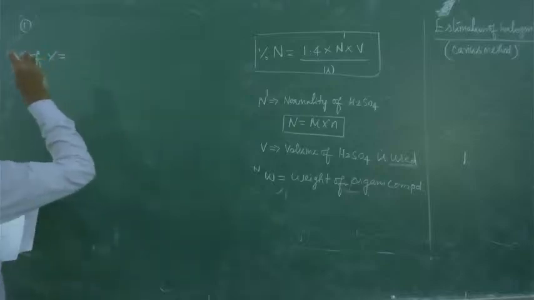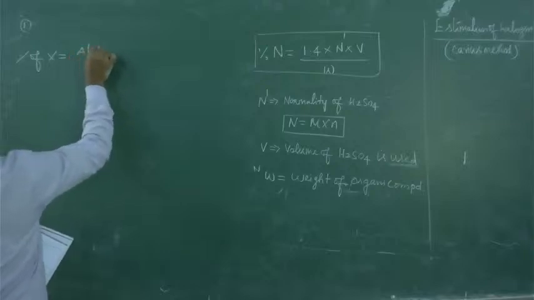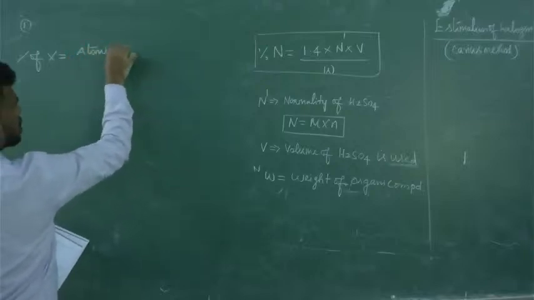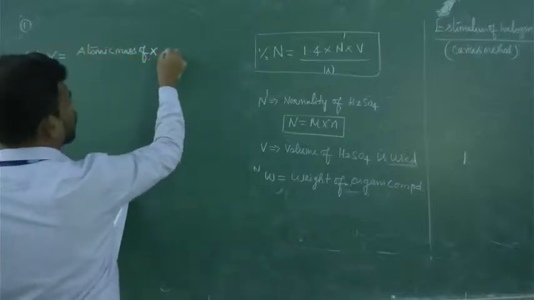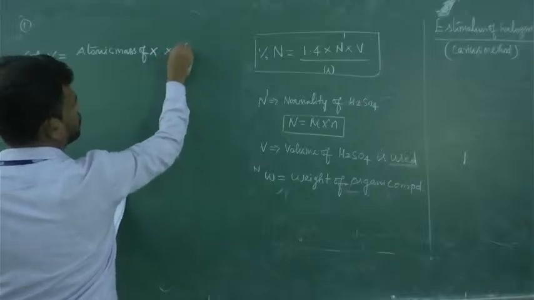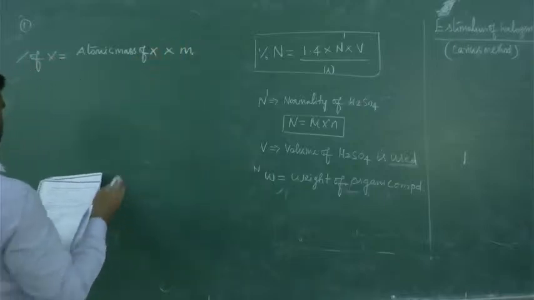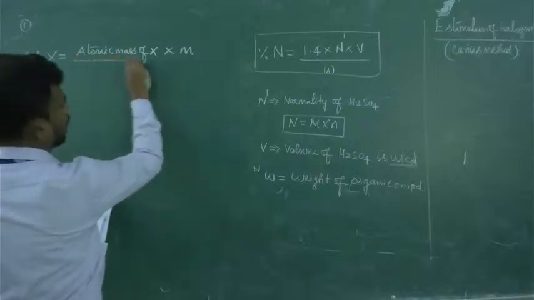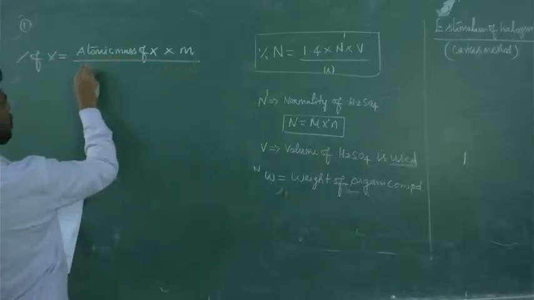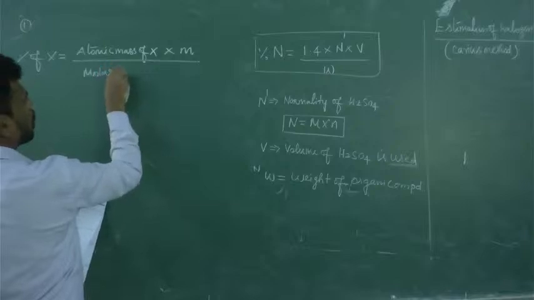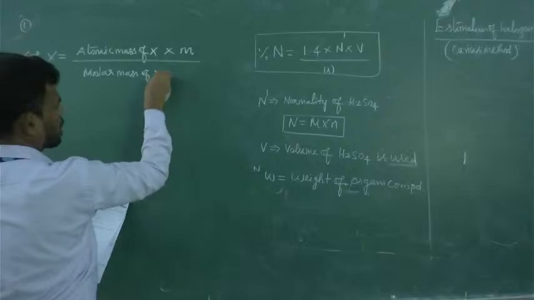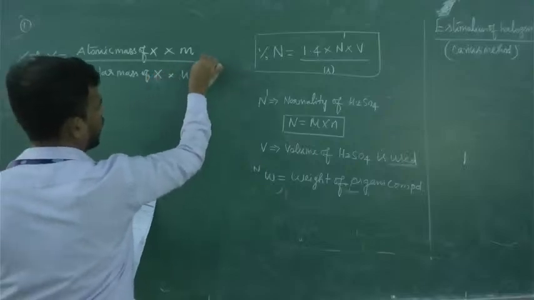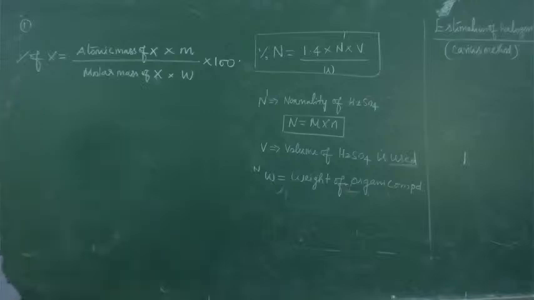Percentage of X is going to be the atomic mass of X or atomic weight of X, into m, divided by the molar mass of X into the weight. Is it clear? So this is the formula.